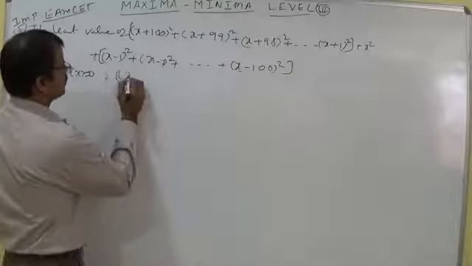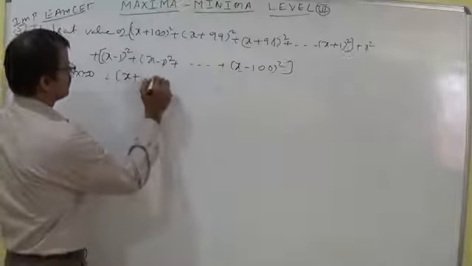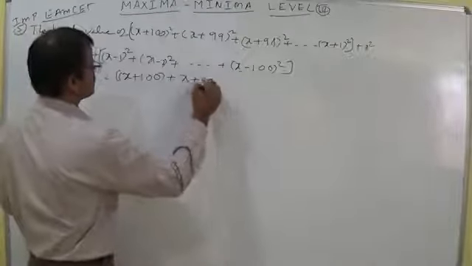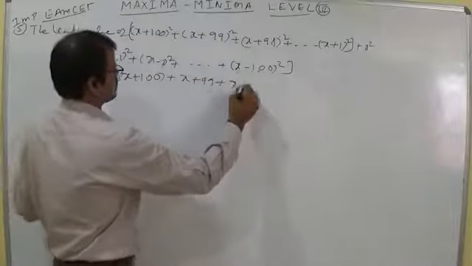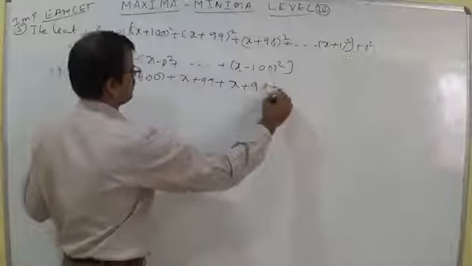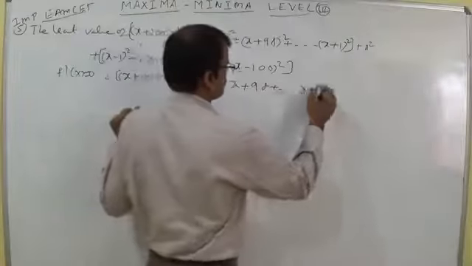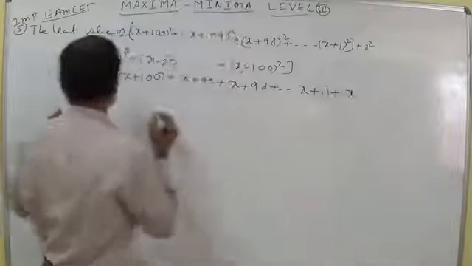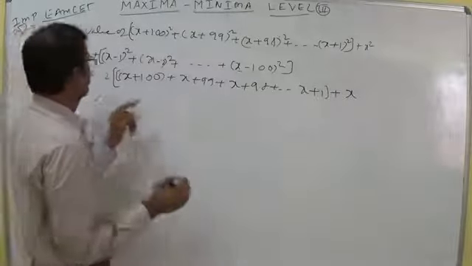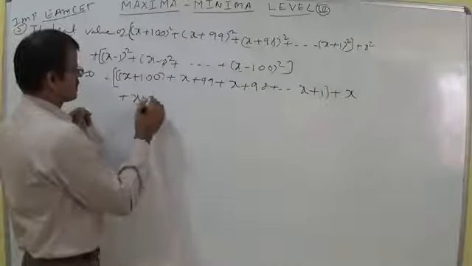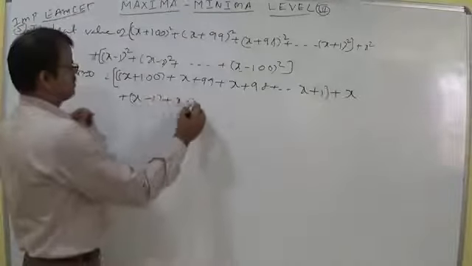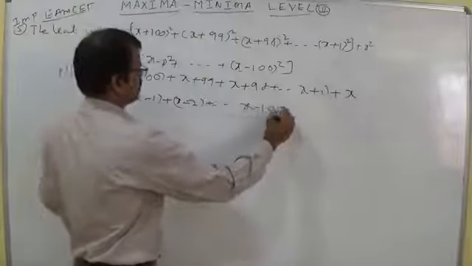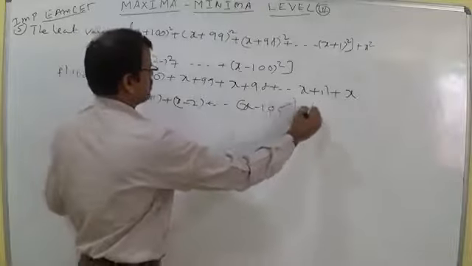The derivative of x square is 2x, so you can write 2 into (x plus 100) plus (x plus 99) plus (x plus 98) plus so on, at last (x plus 1). This is a group, plus this is the x. Total 2 you can take common. Plus (x minus 1), plus (x minus 2), plus so on, (x minus 100) is equal to 0.